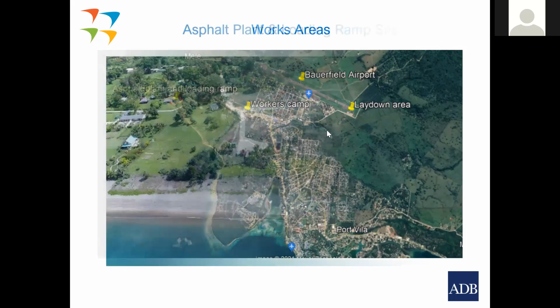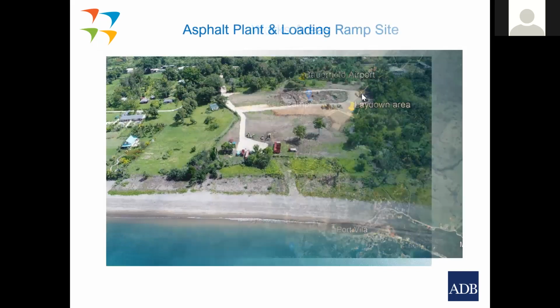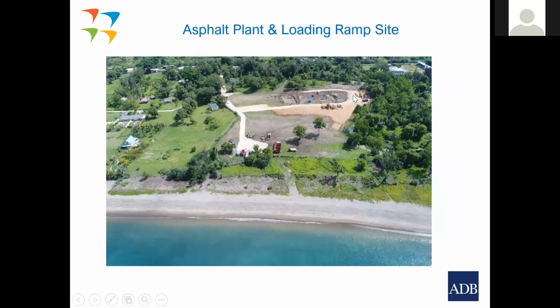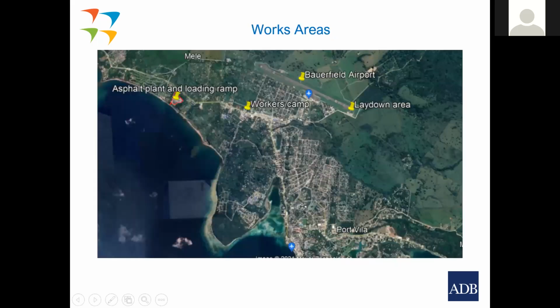Here is the site of the asphalt plant. This is when it was initially being prepared. Interestingly, this is a good example of what happens in construction: during the design period, they thought the asphalt plant would be in this area at the end of the airport runway.